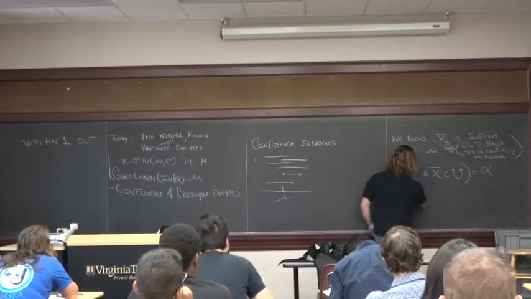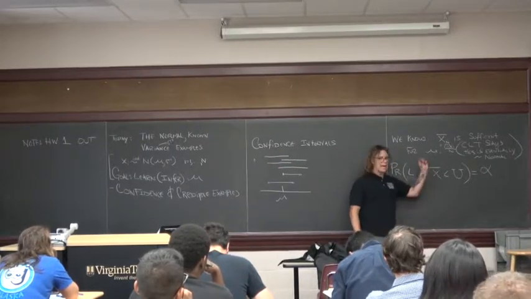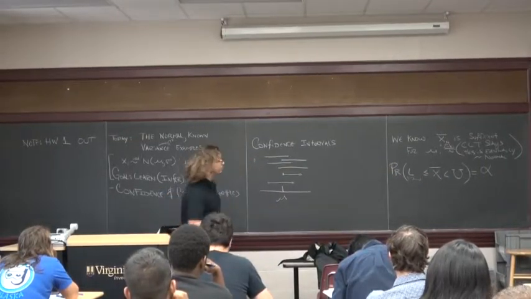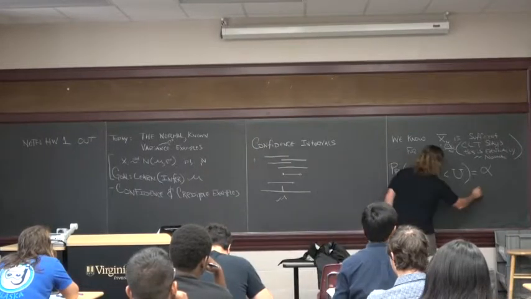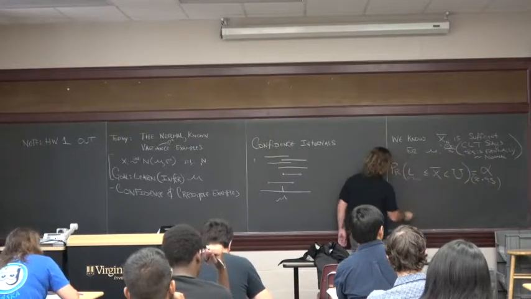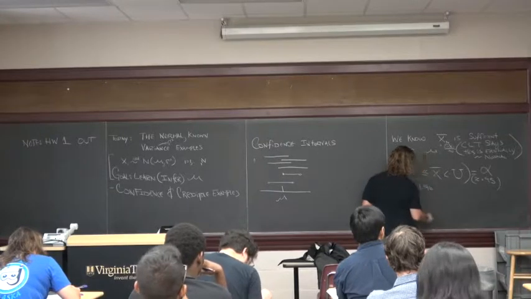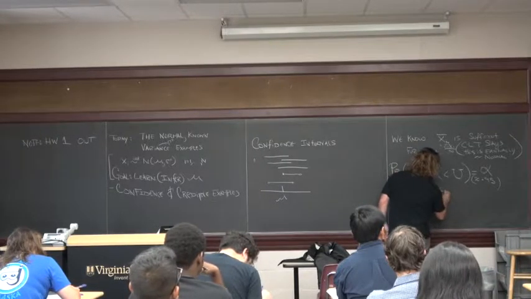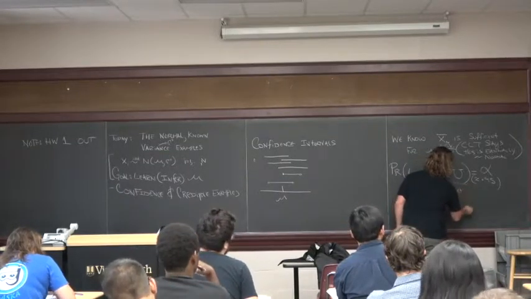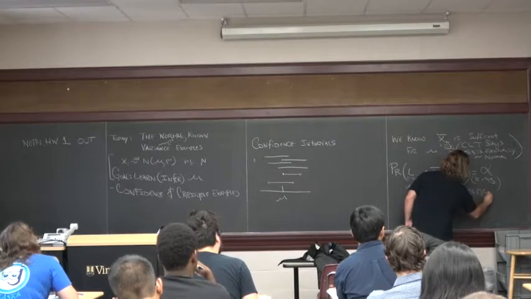Turns out I know what these bounds are. If the xi's were normally distributed, this just happens. It doesn't matter what n is. If the xi's are not normally distributed, this eventually happens. If I ended up saying this was 0.95, or approximately, then I might write something down like mu minus 1.96 sigma over root n, and this upper bound would be mu plus 1.96 sigma over root n.